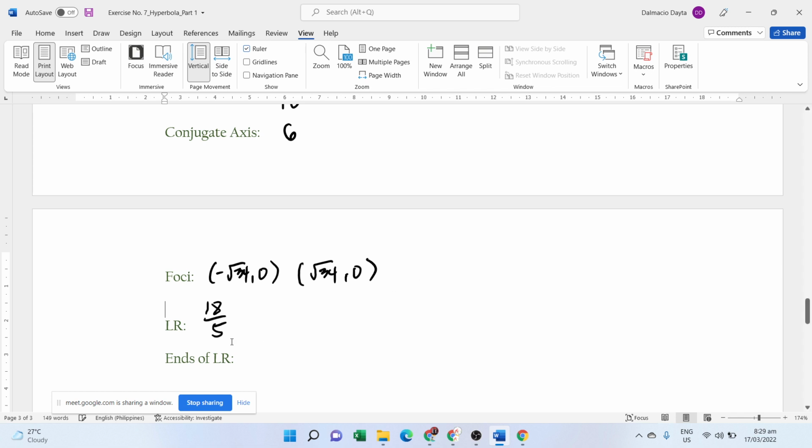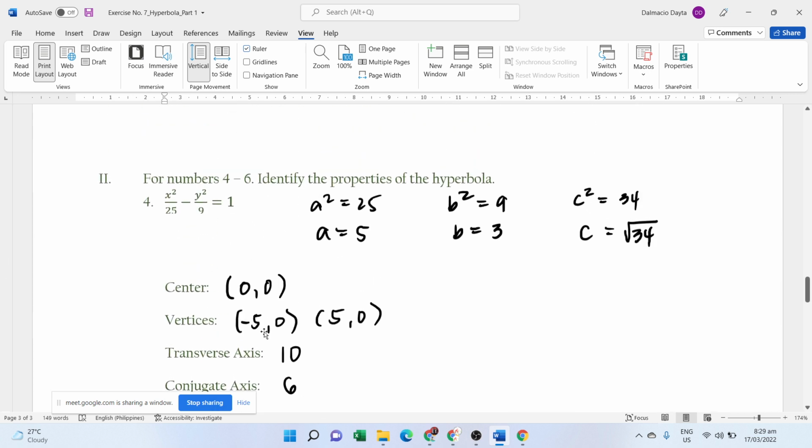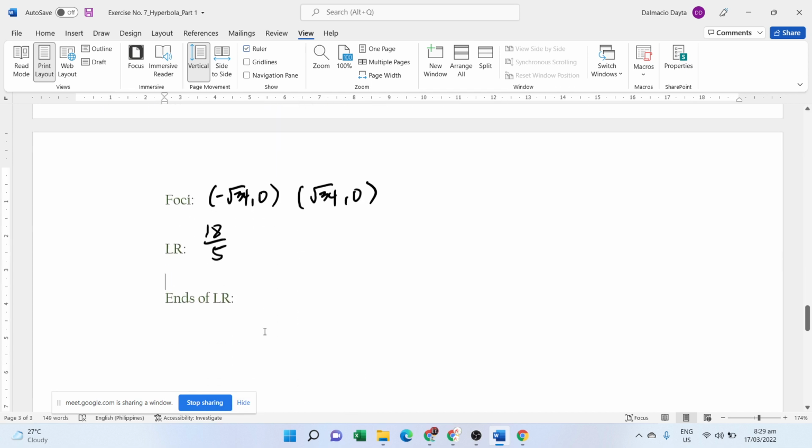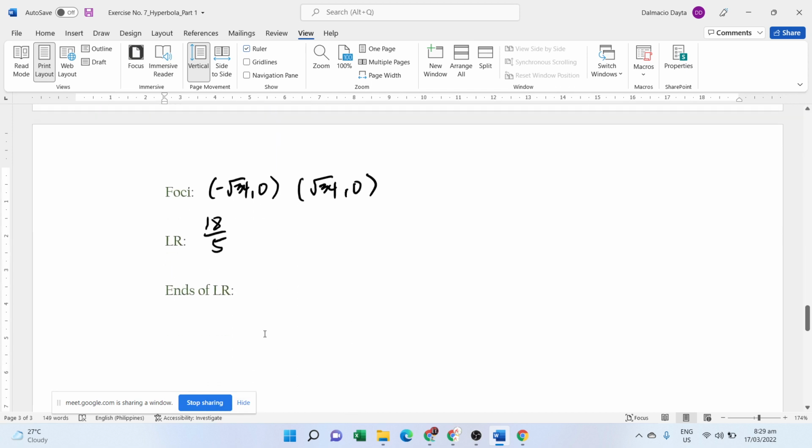Okay. The ends of LR, the latus rectum is passing through the focus. No? The latus rectum is passing through the focus. So if the transverse axis is along the x-axis, then the ends of LR must have the same x coordinates as a focus.